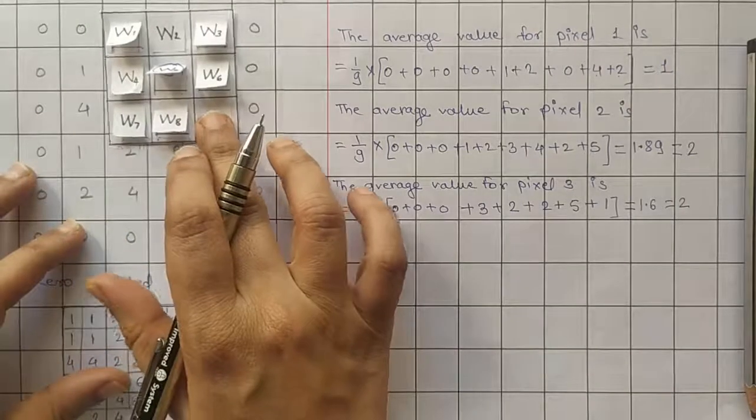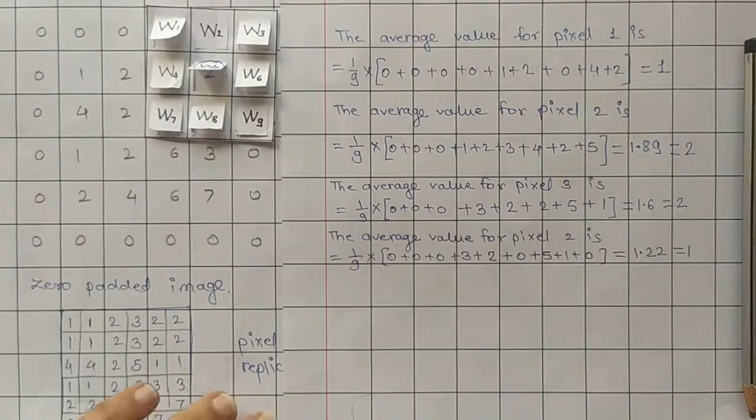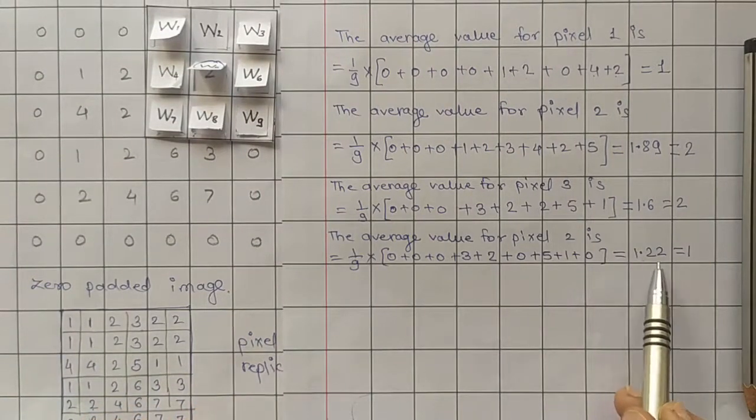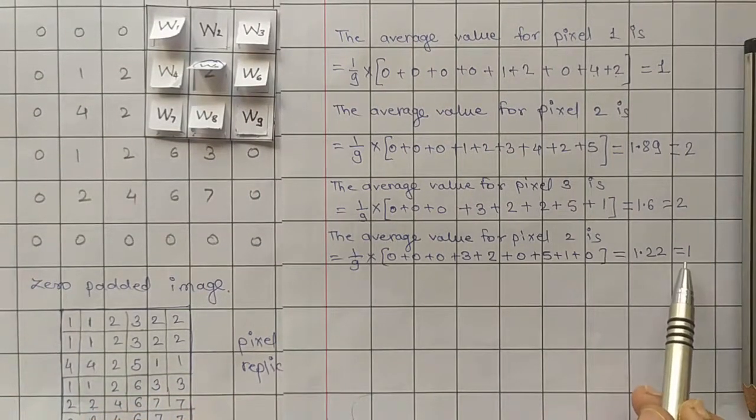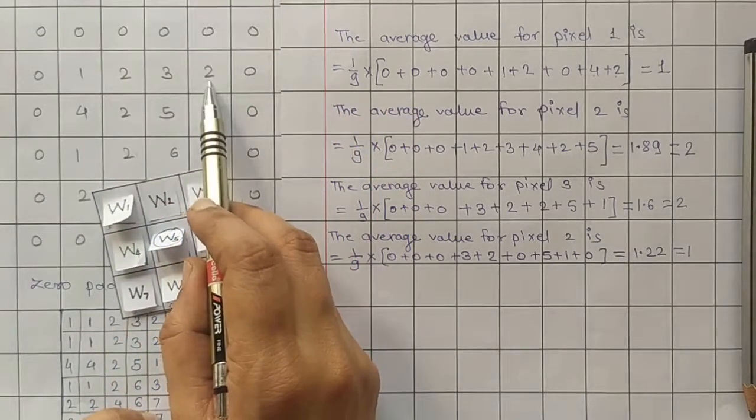After this we shift and again do the same. So 1.22 means we round down and we get 1. So this will be the average filtered value for this pixel.